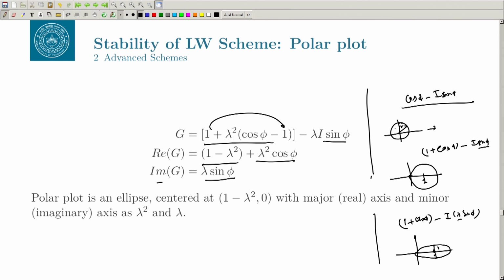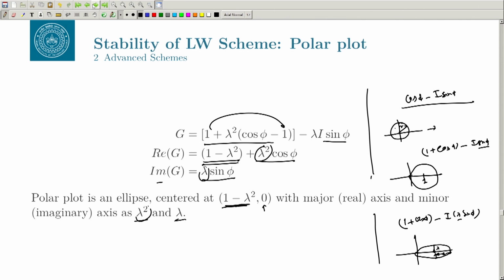So, this is my lambda and this is 1, right. So, here what we have? We have in the real term 1 minus lambda square. So, that is where my real axis will be, and 0, okay. And what is the radius? Okay, so radius is lambda square and lambda, right. So, this is my radius of the major axis and this is the radius of the minor axis.